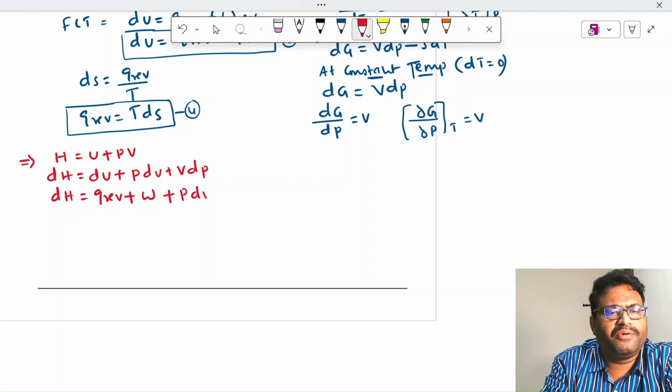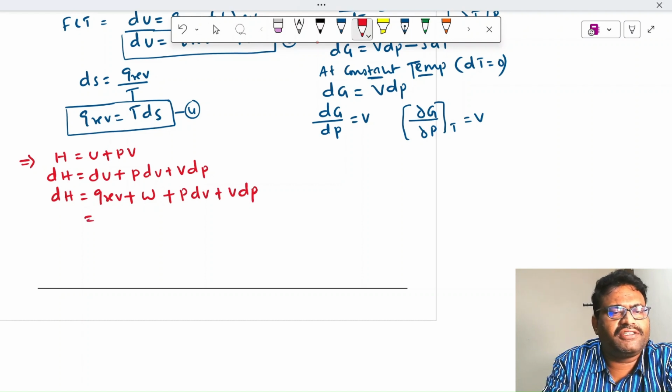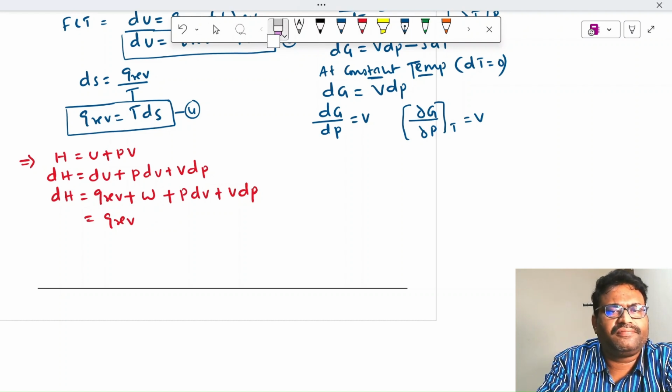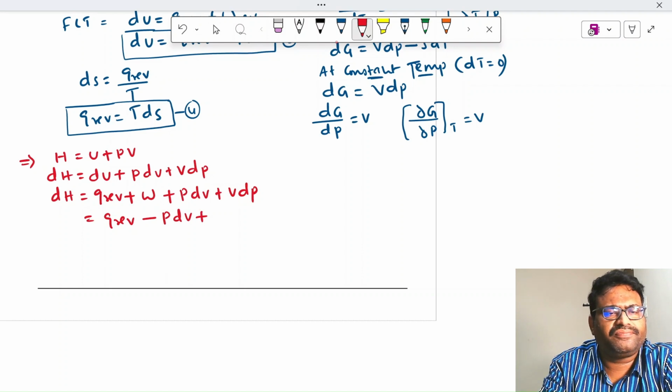Work done can be written as minus P into dV. So dH is equal to Q reversible minus P into dV plus P into dV plus V into dP, right?